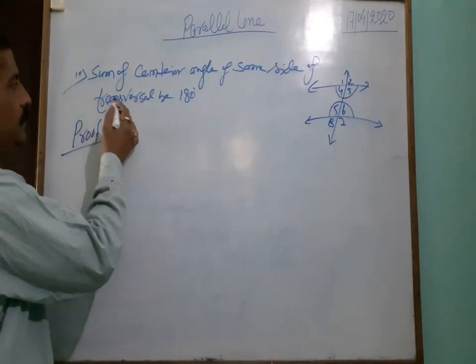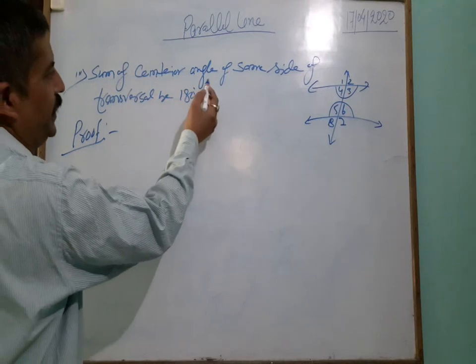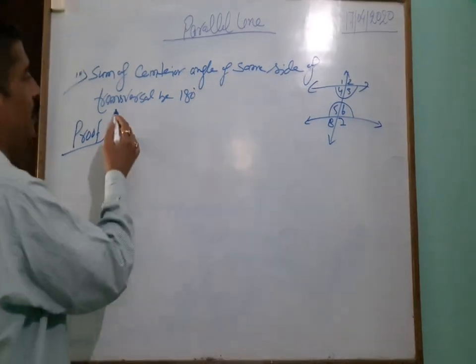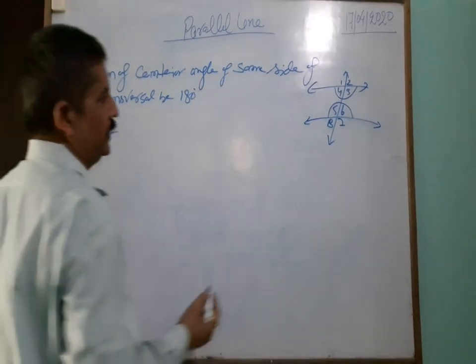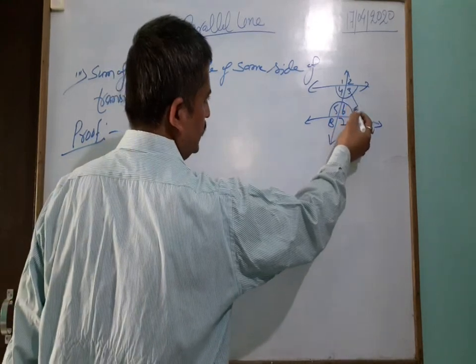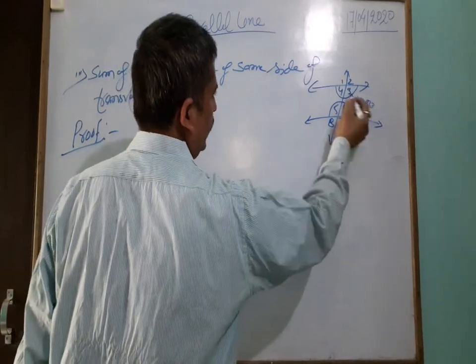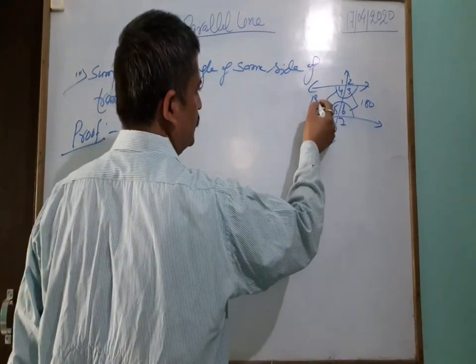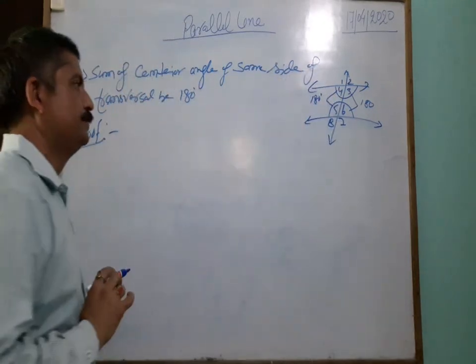Third, the sum of the co-interior angles on the same side of the transversal is 180. That means angle 3 plus angle 6 is equal to 180, and angle 4 plus angle 5 is equal to 180. So how to prove?